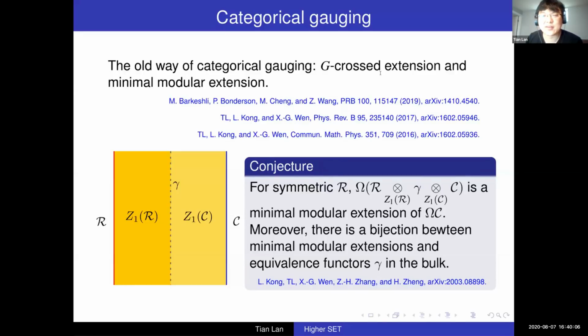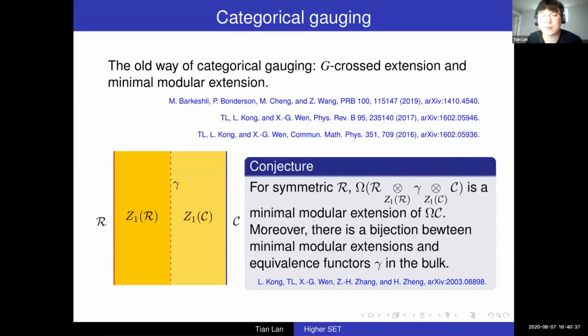For example, for the minimal modular extension, that means R is Rep G, or in Rep G it's symmetric. And we conjecture if we do this categorical gauging, gluing along this gamma functor, it should produce a minimal modular extension of C. Of course, add the looping to make them braided fusion n-category.